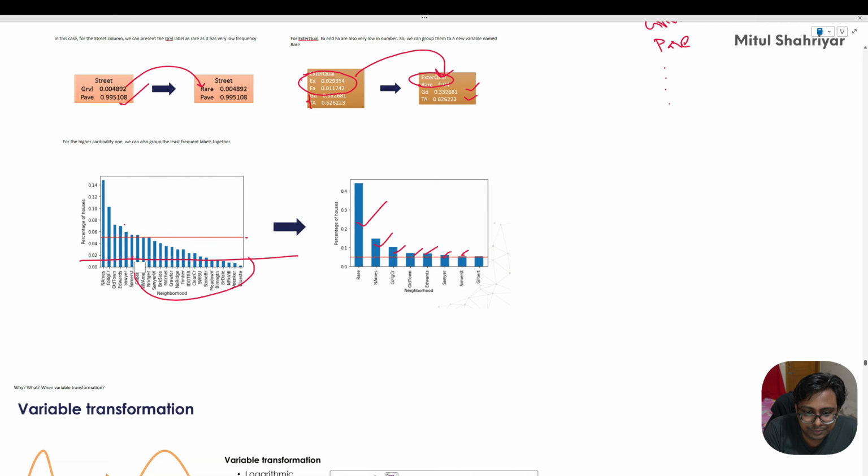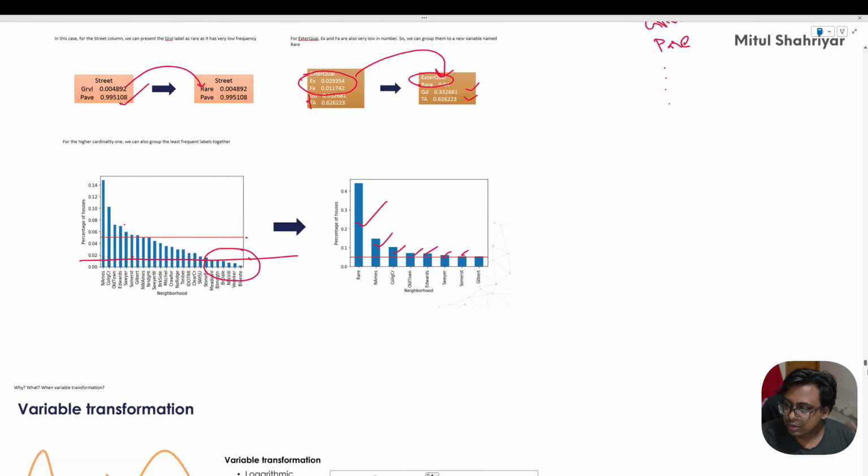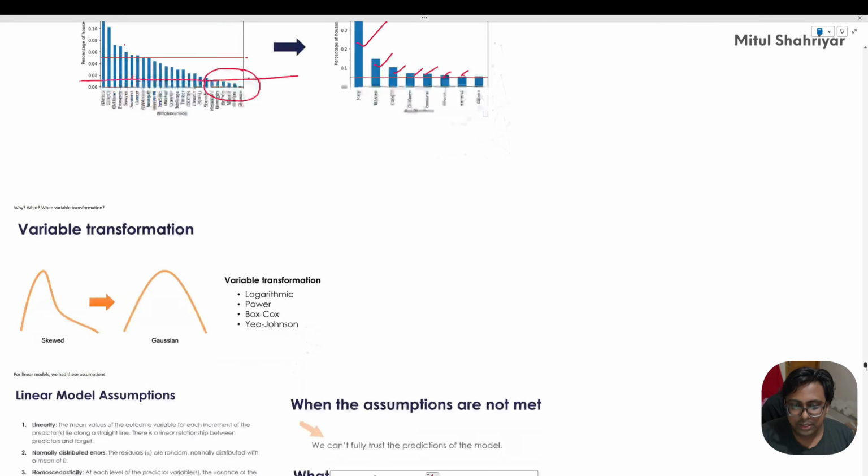Okay, if the scenario was like that, we would only take these 1, 2, 3, 4, 5 neighborhoods and create a rare label. So it depends on this value. Okay, so it depends on the scenario and others. We'll see. Now let's talk about another concept, which is basically variable transformation.